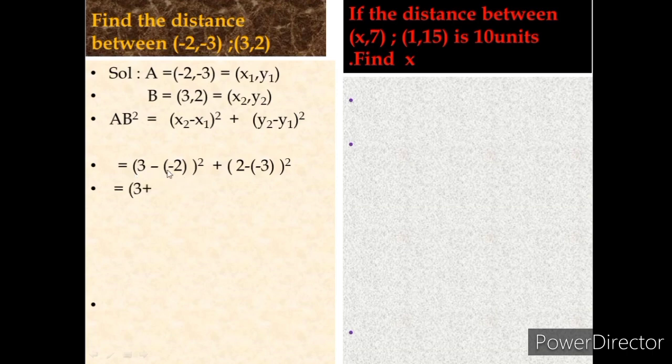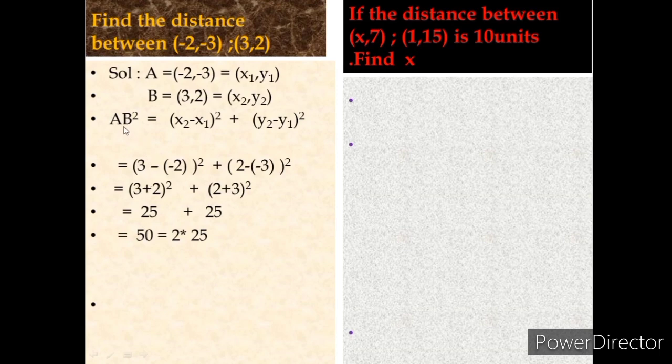Here minus of minus becomes plus, whole square. Then this is 5 square, 25. Here also 5 square, 25. You write 25 plus 25, 50. For our convenience, 50 can be written as 2 into 25. Why should I write like this? You will understand in the next step. This is the value of AB square, which is 50.